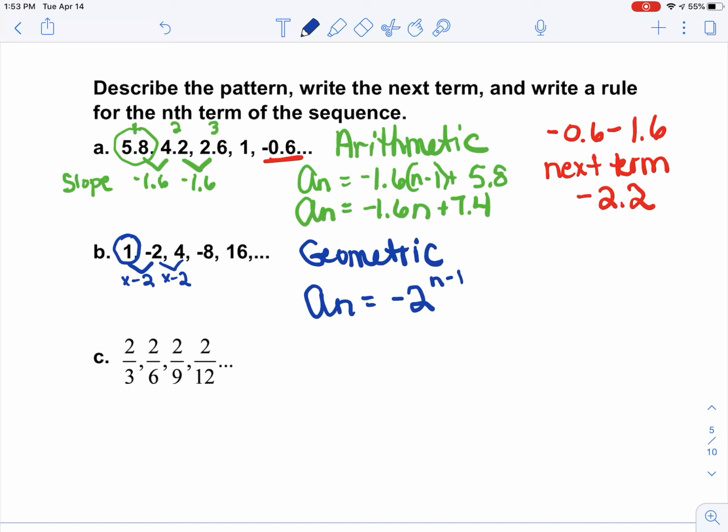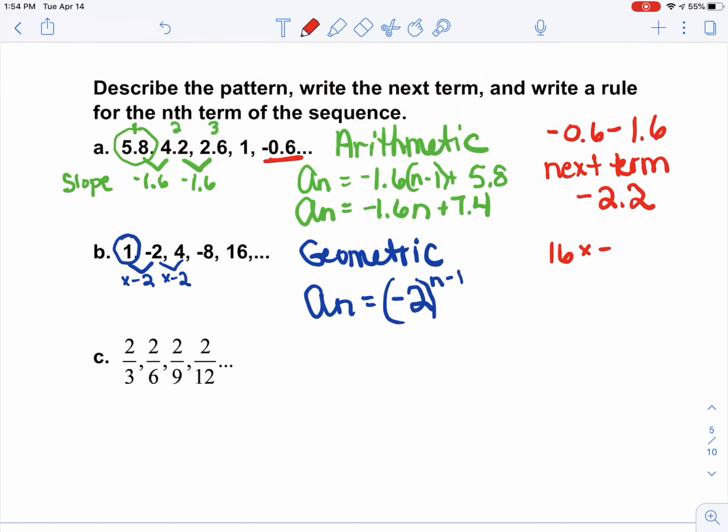So I have to subtract 1. Because what is 1 minus 1? 0. Anything to the 0 power is 1. If I put in a 2, 2 minus 1 is 1. So negative 2 to the first is negative 2, which is my second term. So there is my rule.